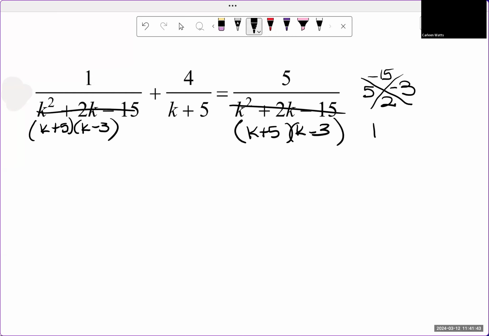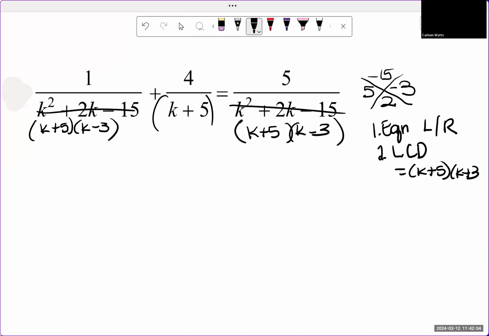So we have an equation. We're going to do the same to the left as we do to the right. I need the least common denominator, which is going to be k plus 5, k plus 3.